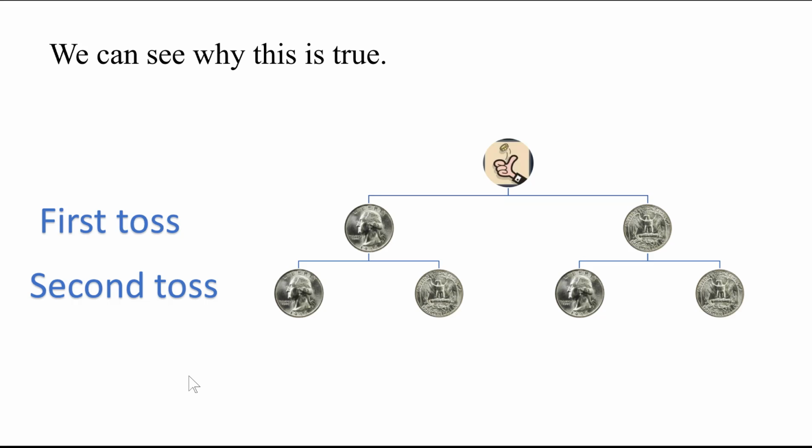All right. So we're looking for the probability of heads first and then tails. The first thing that could happen is you flip the coin, and the first time it would be heads, and the second time it would be heads. So that's one possibility, and that's not what we're looking for. Another possibility is that you get heads first and then tails. So that's another path, another thing that could happen when you flip a coin twice.